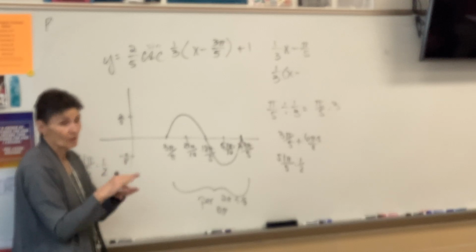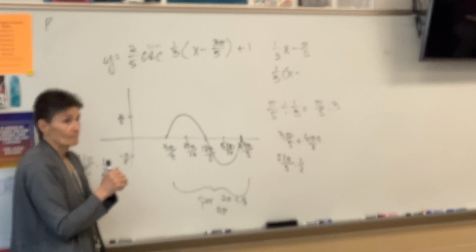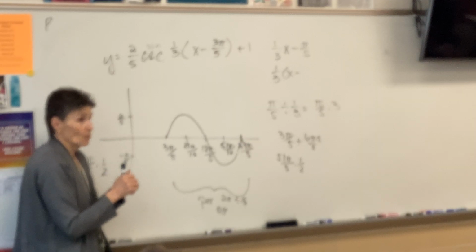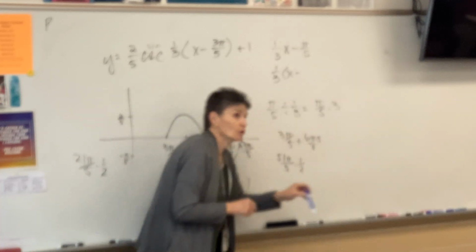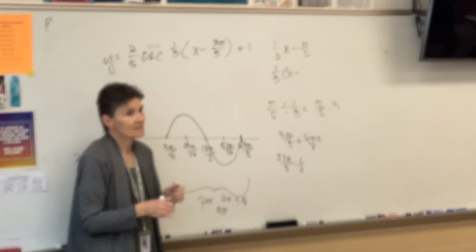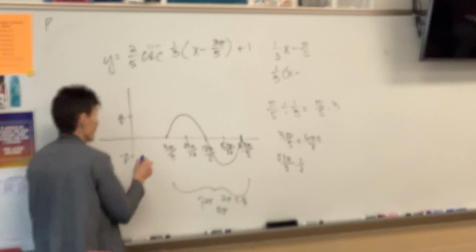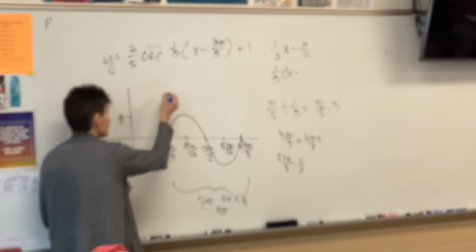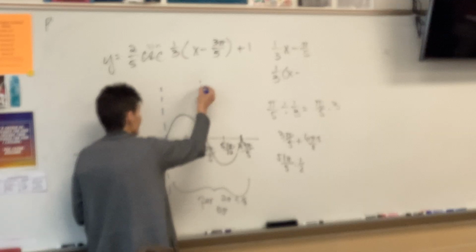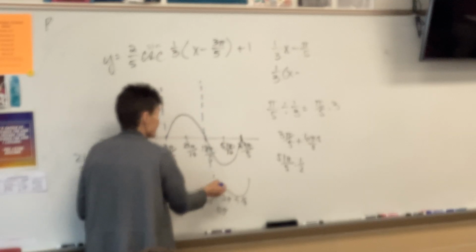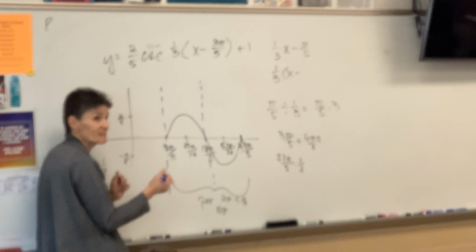And we're not done. Are you still with me here? We are not done. So what is left to do? 2 things are left to do. One is to go back and remember, this wasn't even a sine curve, it was a cosecant. So wherever it touches the axis, I'm going to drop in an asymptote, because where it touches the axis is 0, and the reciprocal of 0 is undefined.